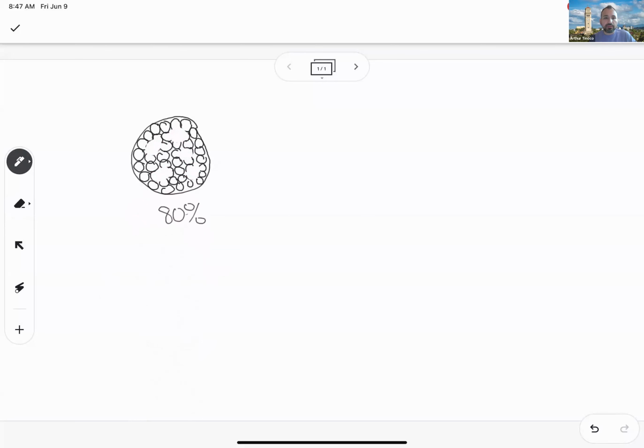But let's say that you see something that looks more like this, where the space being covered is a small amount. That's certainly not going to be 80%. So maybe that's like 25%. But it's all according to your eye.